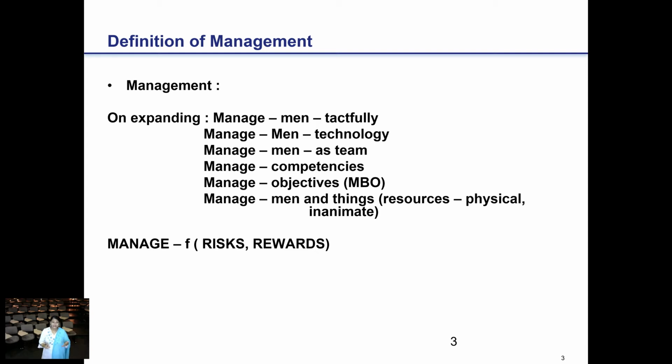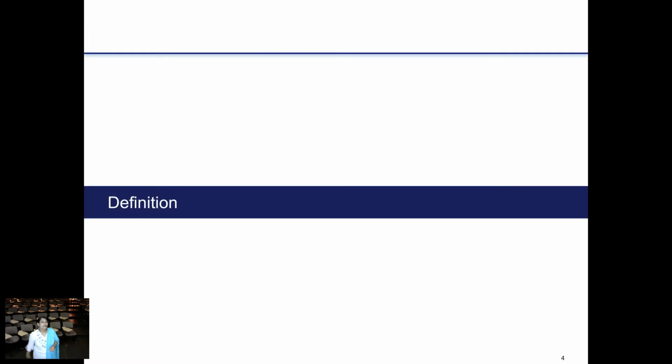We are trying to manage with less and less resources and achieve more and more output. That is what management is all about. That is why you need the skill of management. That was my perspective of management, like why management is needed and what exactly the manager does.